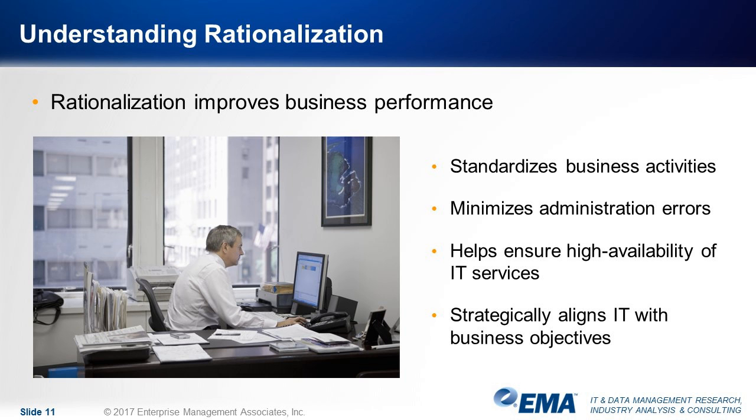Also, standardizing business activities so that they can be performed on just a few key applications establishes processes that are predictable to the workforce. And this minimizes administration errors and helps to ensure the high performance, availability, and reliability of key business services.